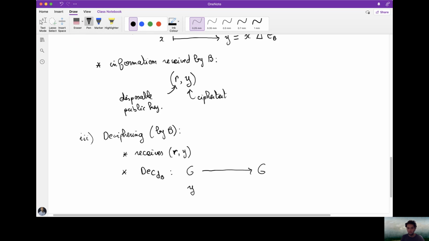So you receive the ciphertext and you transform it into the plain text X. And what's the operation that you do? Well, X is in fact equal to Y composed with R to the power DB, all to the power minus 1.